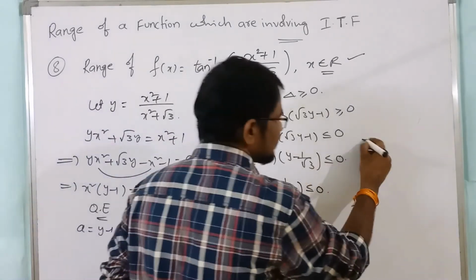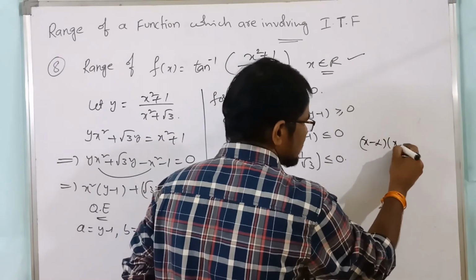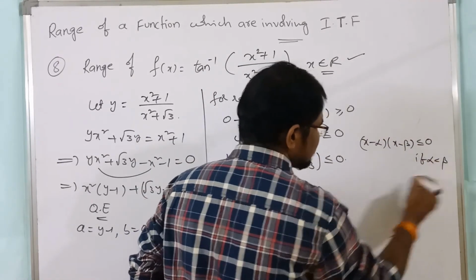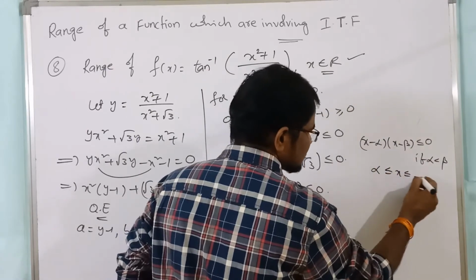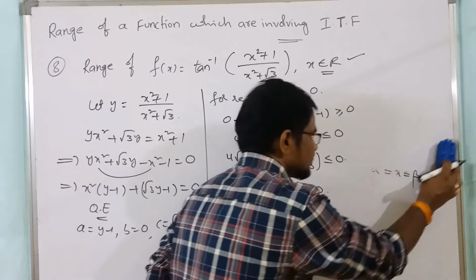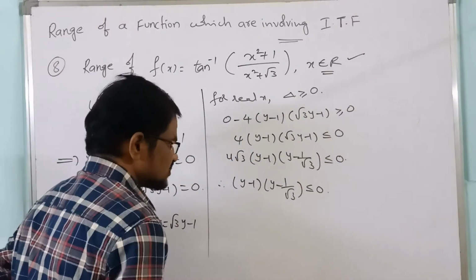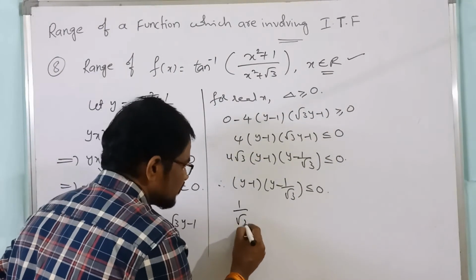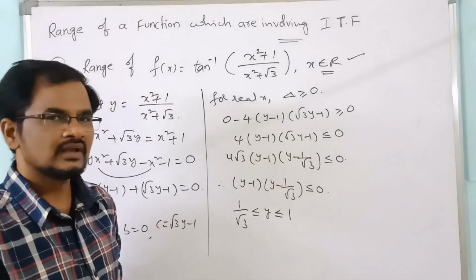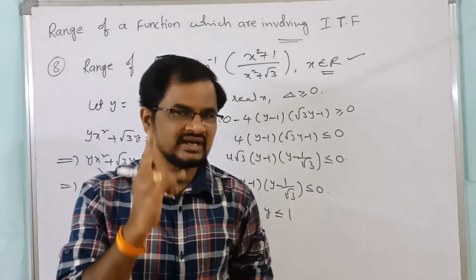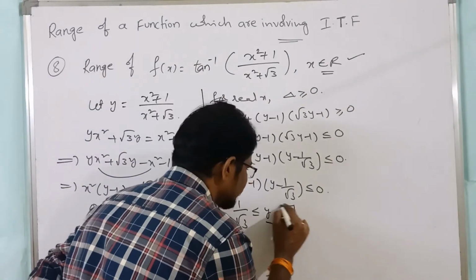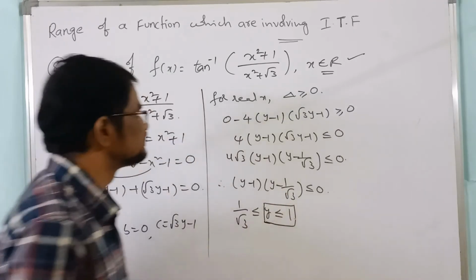We have one condition: (x minus alpha)(x minus beta) less than or equal to 0, if alpha less than beta, means alpha less than or equal to x less than or equal to beta. Otherwise take it on the real number line, you will get the answer. So by that condition we can write 1 by root 3 less than or equal to y less than or equal to 1. But here pinpoint observation is needed.